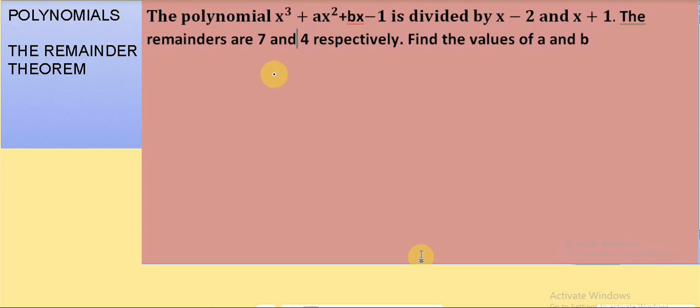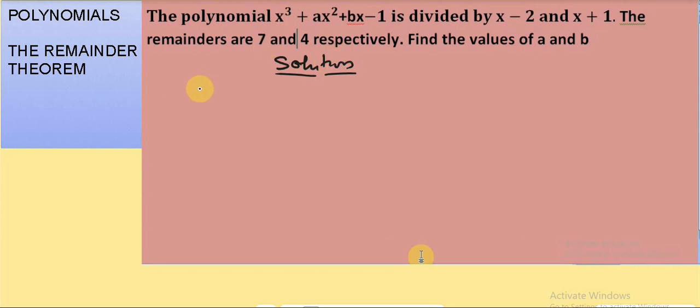So in this case, I'm going to write solution. So I'm going to apply remainder theorem here, which I explained earlier. Now, in this case, we have two divisors, x minus 2 and x plus 1, and the remainders after dividing are 7 and 4.